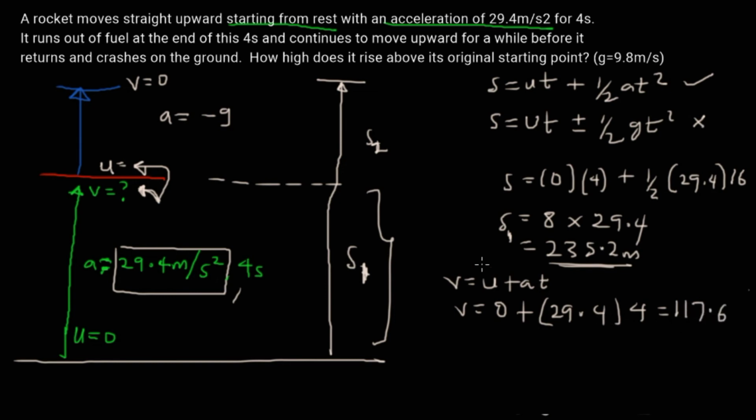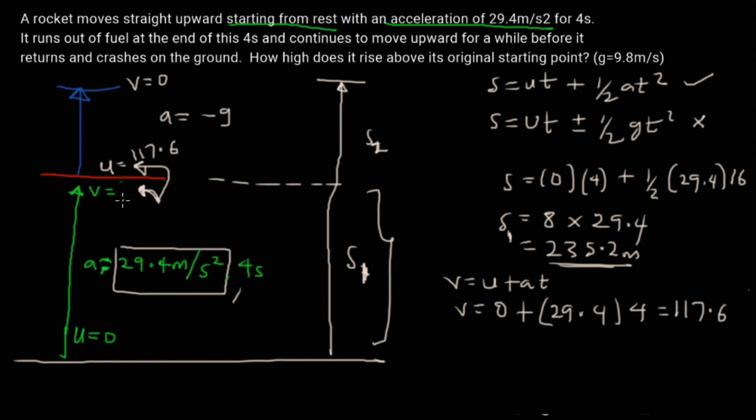So 117.6 is the final velocity when it has fuel, and it is the initial velocity, because as the fuel stops in the rocket, the velocity is 117.6. So it will pick up from 117.6 up to where it would have exhausted its velocity, where v will now be equal to 0.